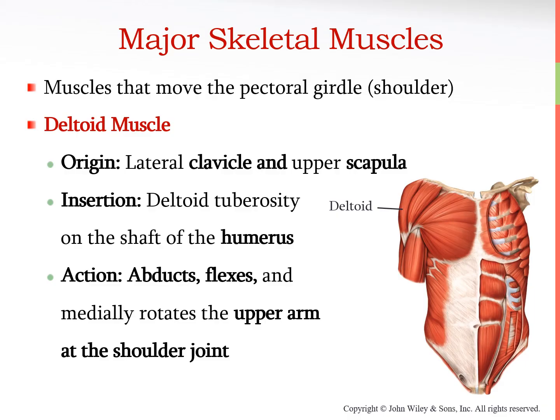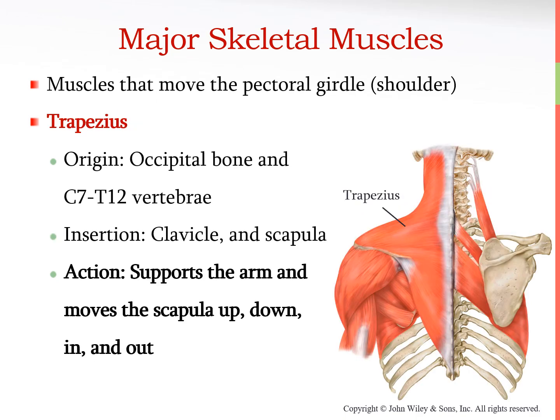The deltoid is going to pull the arm up towards the scapula and clavicle and cause arm abduction. Independently, the fibers can also contract to cause flexion or medial rotation of the upper arm at the shoulder joint. The deltoid is also important because it's a common site for intramuscular injections.